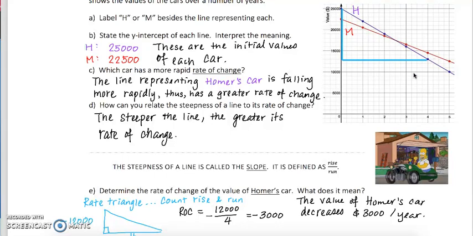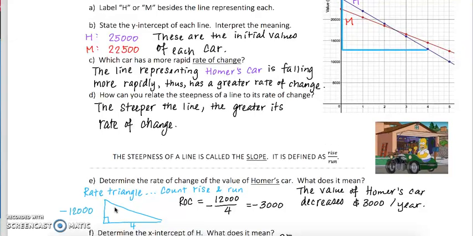So if I need to calculate the rate of change of the value of Homer's car in part E, what I can do is pick any 2 points on Homer's line on the graph. So I have picked the first point, which is the y-intercept, and also the point in year 4, so that I can show a bigger rate triangle. You see this light blue here?